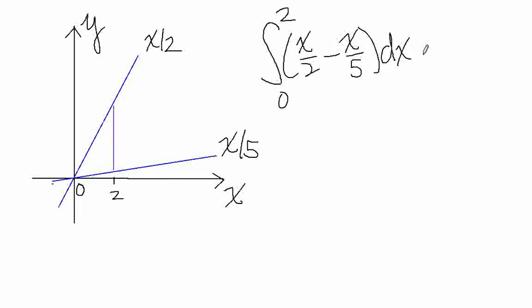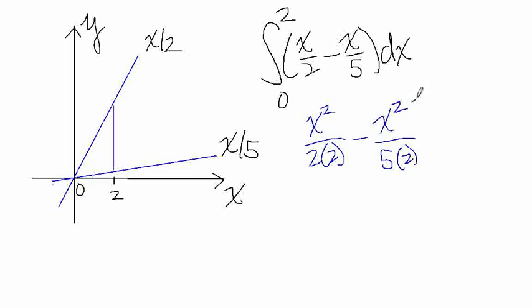All right, so let me go ahead and calculate that. So that would give me what? That would give me x squared over 2 times 2 minus x squared over 5 times 2. And I will evaluate that at 2 and 0 and take the difference.